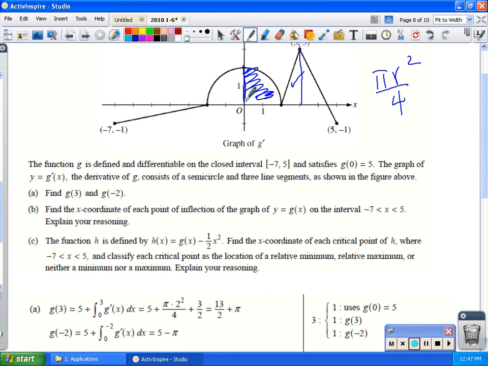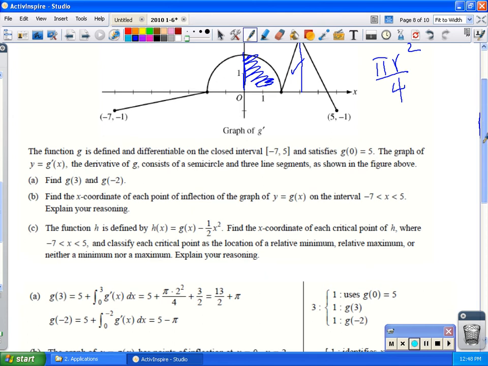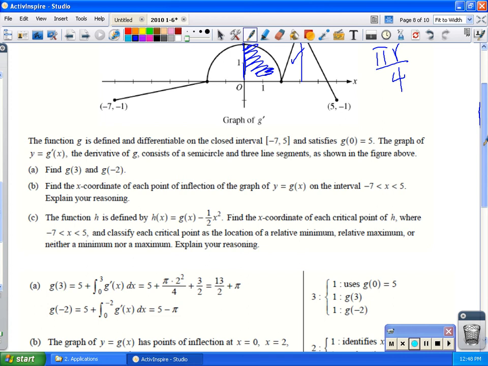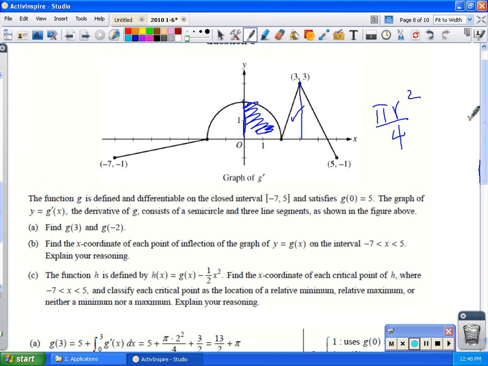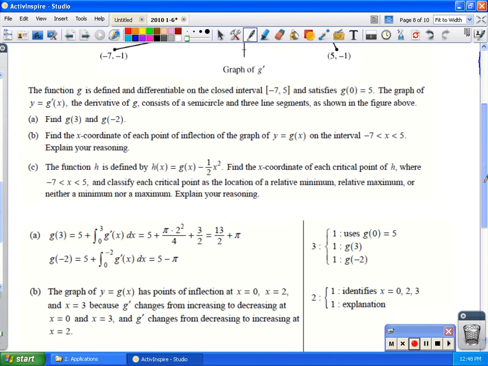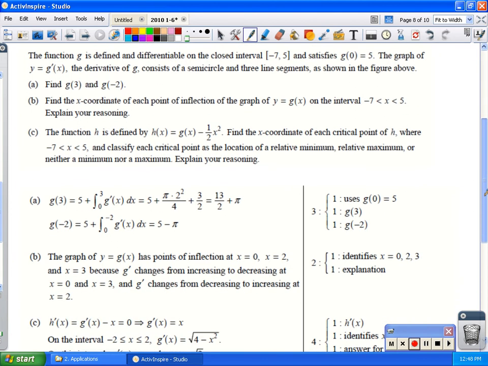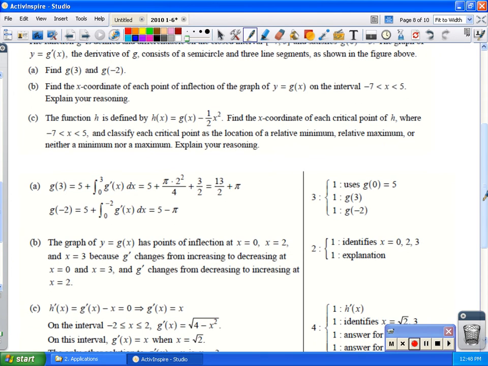The radius is 2, so, am I right about that? Yeah, the radius is 2, so 2 squared is 4 over 4, so that quarter circle here has an area of pi, and then you're going to add that to the triangle area.